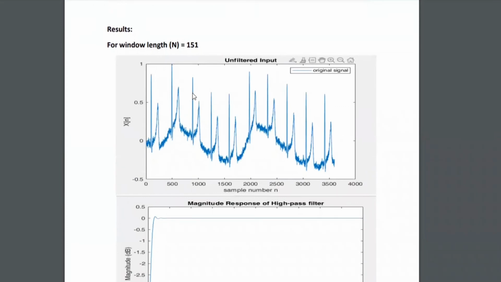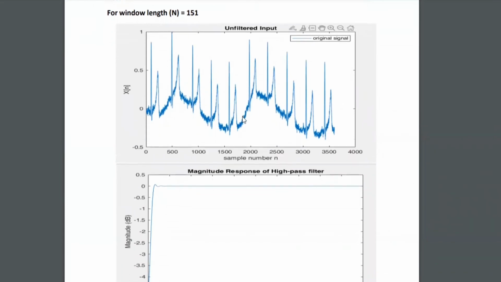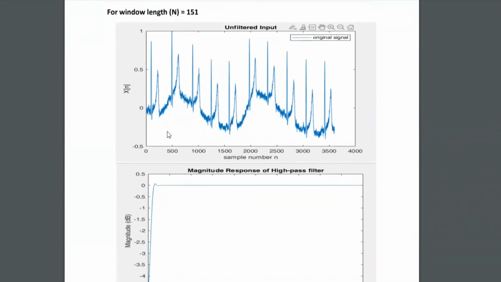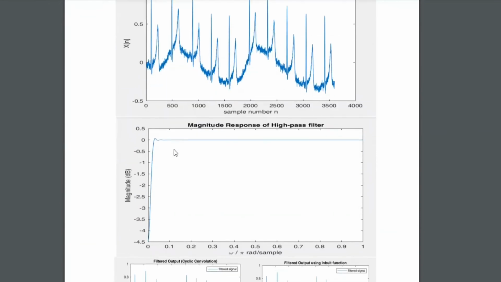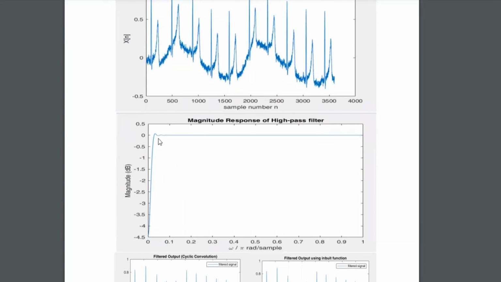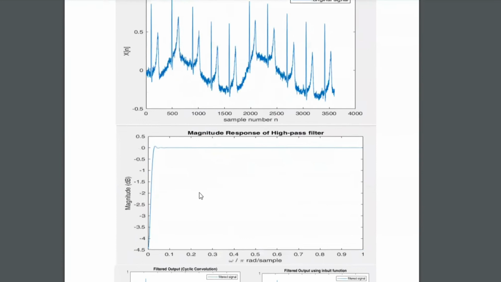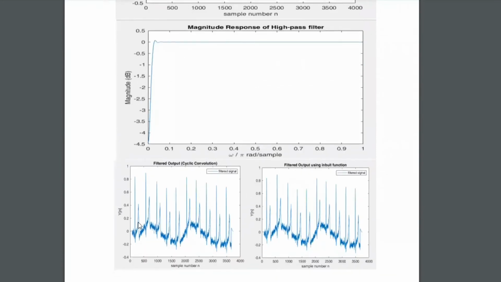Using the above MATLAB code, we have found these graphs. This is our unfiltered input. You can see the sinusoidal function in it. Now we have applied the magnitude of our high pass filter. This is for N equals 151. You can see that the sinusoidal graph is getting flattened.